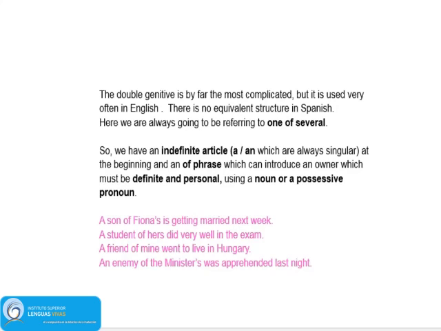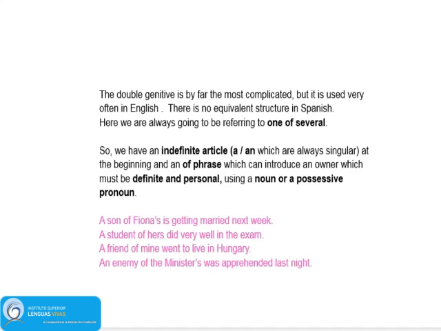The structure is always going to begin with an indefinite article, a or an, because we are talking about only one. Yes. Please look at the notes that I put on the platform, because there are special notes about the double genitive. It is complicated but not impossible.